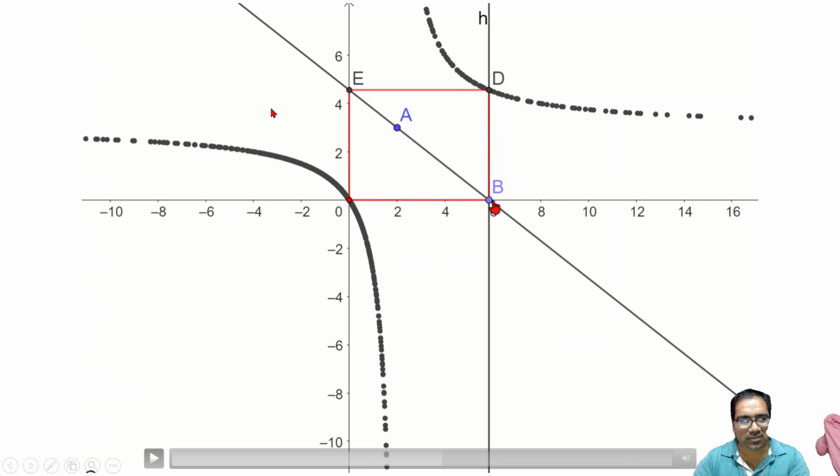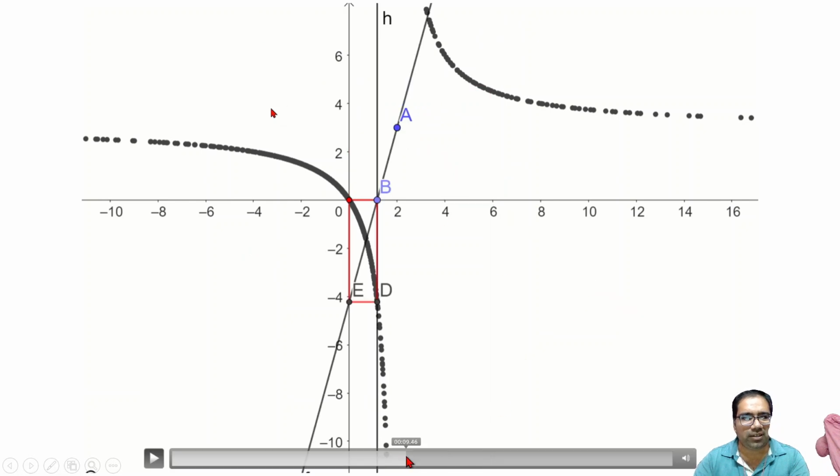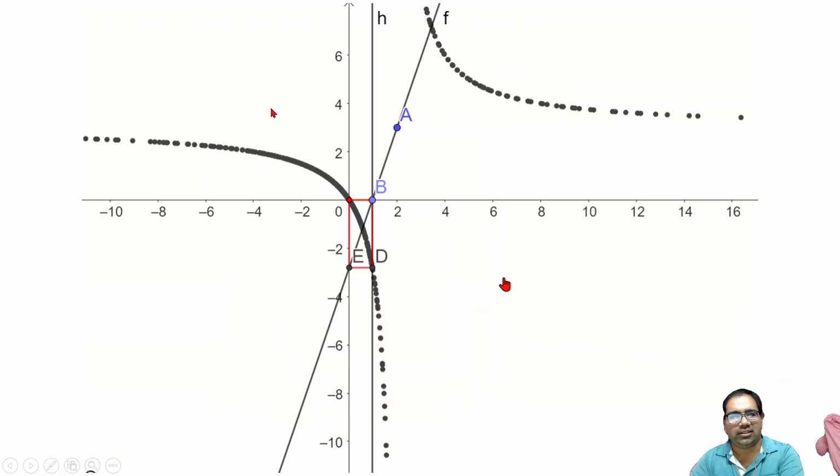For example, if it is meeting here at 6, and somewhere here at 5, then this vertex will obviously be (6, 5). Now this line is passing through (2, 3). That means this line can be like this, it can be anywhere, it can be like this also. It is still going through (2, 3), but the line can rotate like anything.